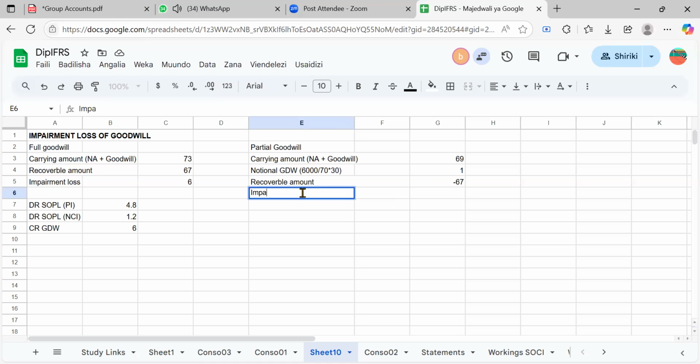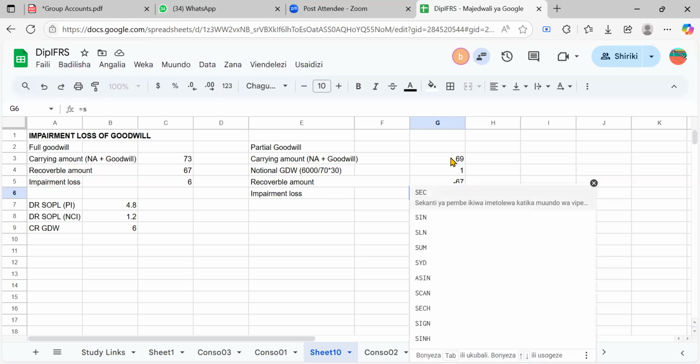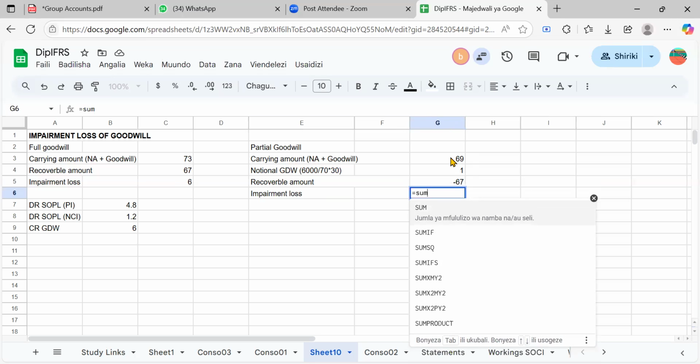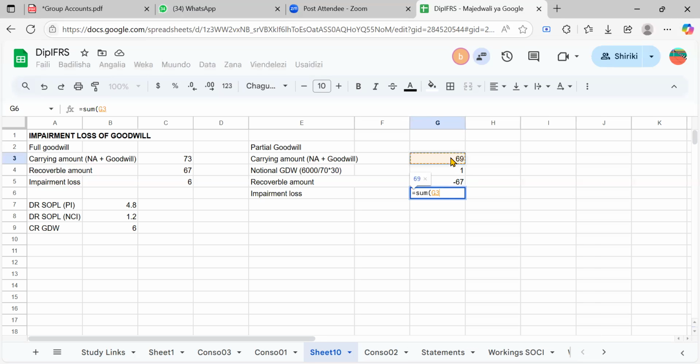Impairment loss: 70 minus 67. Okay, great. So, like you said, we have 3. So 3 will be our impairment loss.